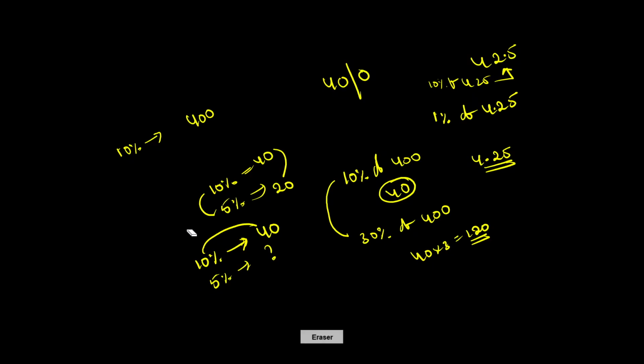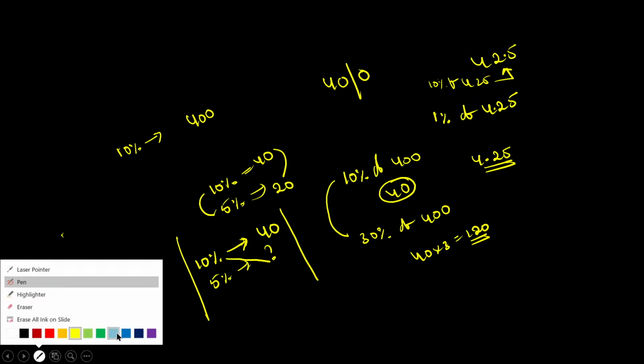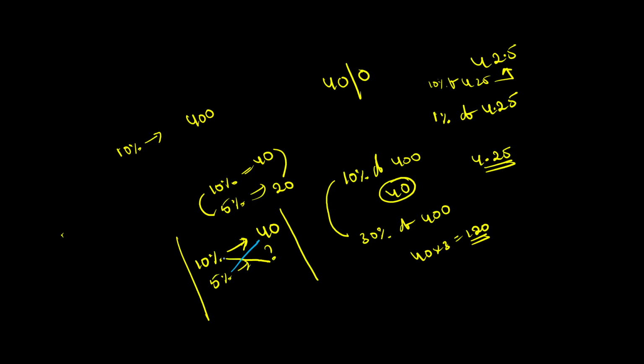From childhood, we got used to calculating it with cross multiplication. Cross multiplication is nothing but the product of these two values gives you the same value as the product of these two. That's what is known as cross multiplication. When it's directly proportional, we can calculate it this way.